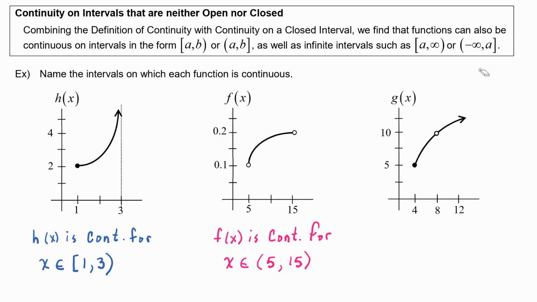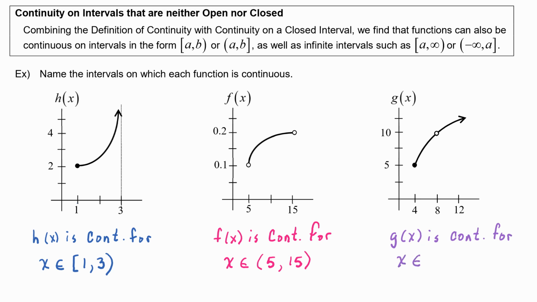And now for this g of x, we would say g of x is continuous for x on the interval.